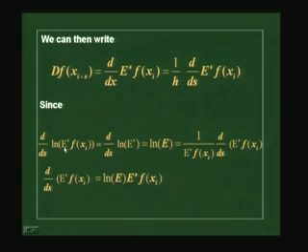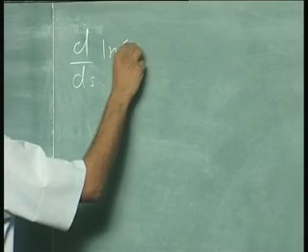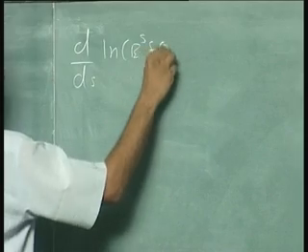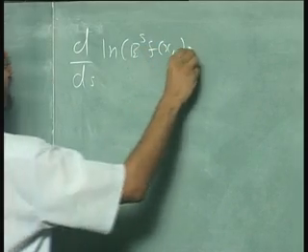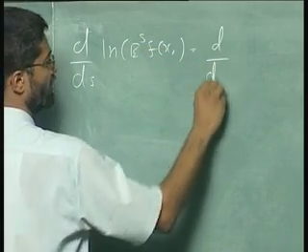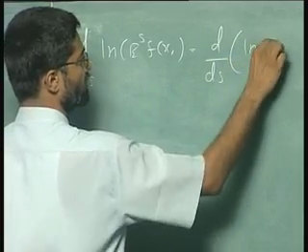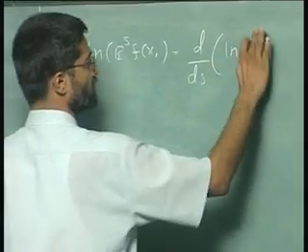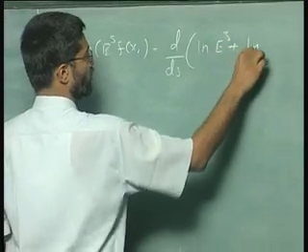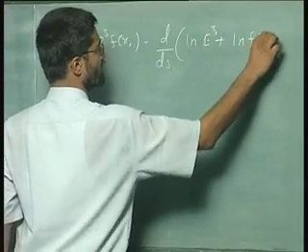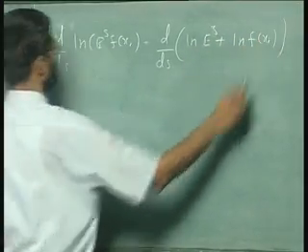So d by ds of log of E to the power s into f of x_i is the same as d by ds of log E to the power s plus log of f of x_i.